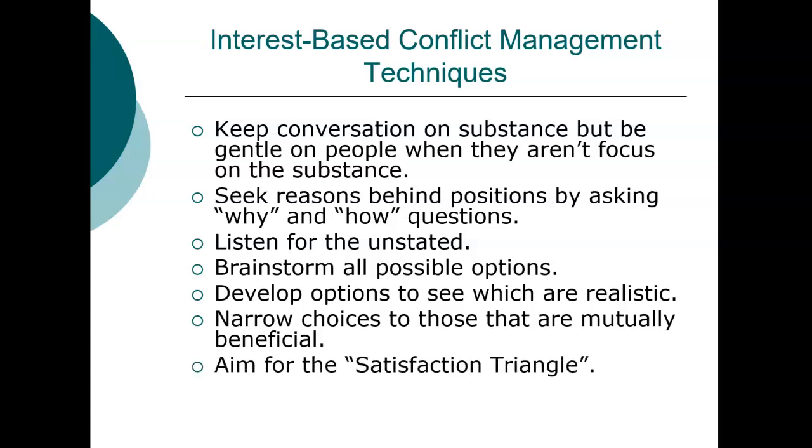And you're going to aim for what Lowry calls the satisfaction triangle. By satisfaction triangle, think of a triangle that has three sides. In order for a solution to be satisfactory, three parts of a conflict have to be satisfied. That is people, processes, and issues. So people's feelings and the way in which they perceive how they have been treated have to be satisfied.